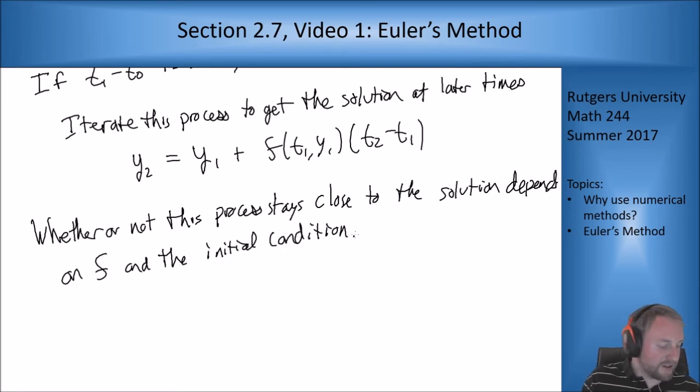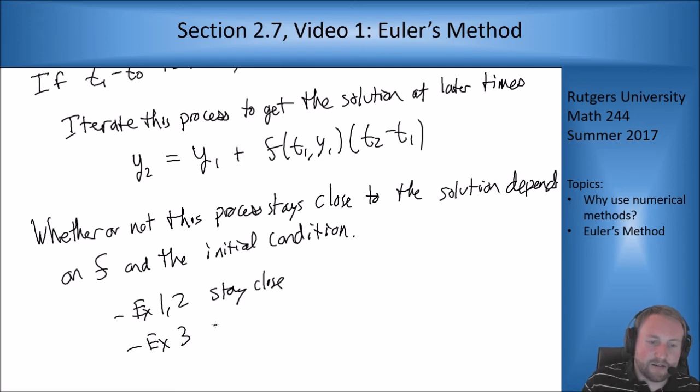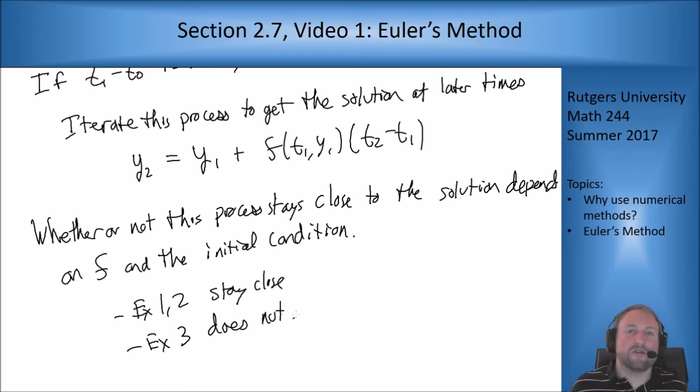If you look at the examples in the book, examples 1 and 2 stay close as you iterate, but example 3 does not. That's because for 1 and 2, the solutions are converging to a point, so if you're close, you're still going to be nearby. But for example 3, since everything's diverging, if you end up off your solution curve, you're going to end up further and further away down the line, because all your curves are spreading out instead of coming together.